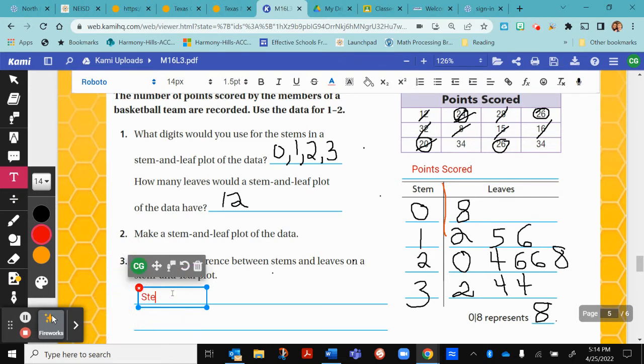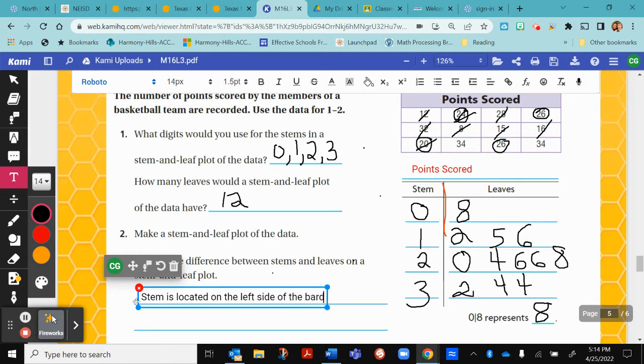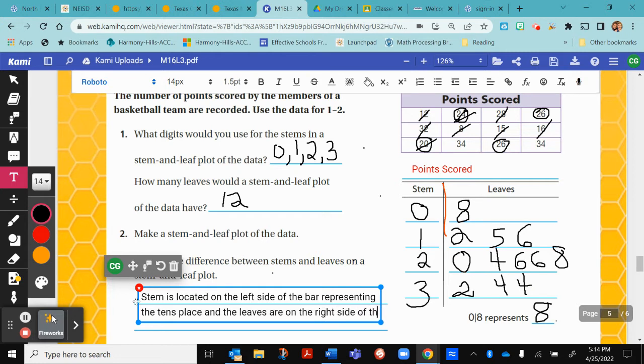So the stem, I'm going to go ahead and put that in black, is located on the left side of the bar, representing the tens place, and the leaves are on the right side of the bar, representing the ones place.